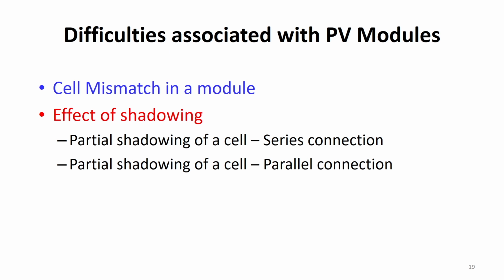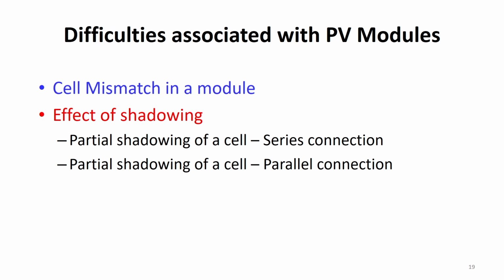Now, let us discuss some of the interesting aspects of solar modules. Like when these cells are to be connected, then what are the problems that might arise. First thing is cell mismatch in the module. So, what will happen if cells having different characteristics like different values of ISC, VOC and FF, then what will happen finally to the module.